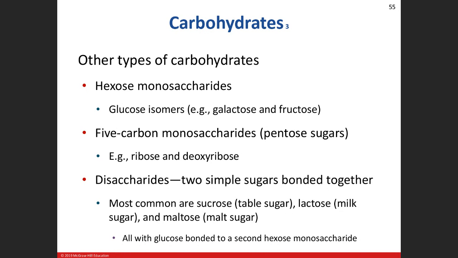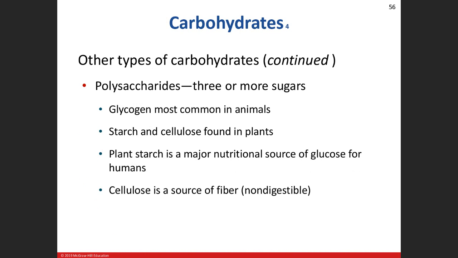Ribose and deoxyribose. Then our disaccharides, these are when we take two simple sugars and stick them together to make a disaccharide like sucrose, our common table sugar, and lactose, milk sugar, we're familiar with those. And then obviously our polysaccharides, an example was the glycogen that we make.